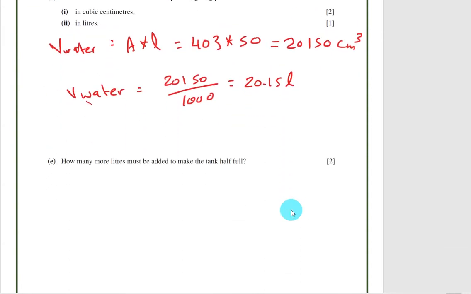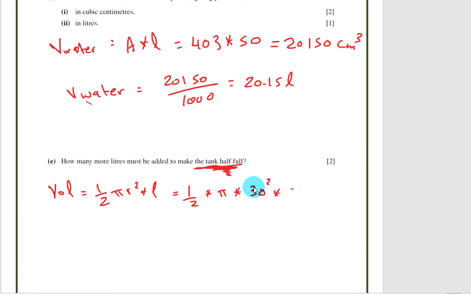Okay, let's go ahead. How many more liters must we add to make the tank half full? The volume is equal to half pi r squared L. Why half? Because he needs half of the tank. So half of the tank will equal half pi, radius is 30 squared, L is 50.